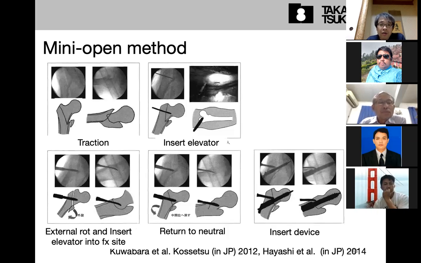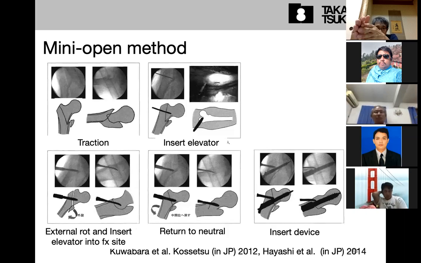Then make a slightly big incision on the lateral side and insert the elevator within the fracture line, then lift up using the elevator and at the same time externally rotate to open the fracture, because in the impact type the anterior side is impacted.